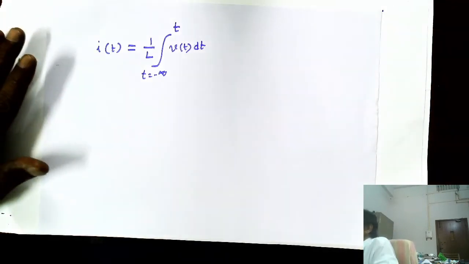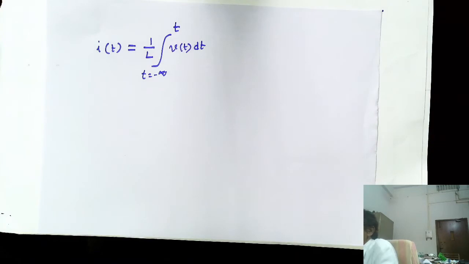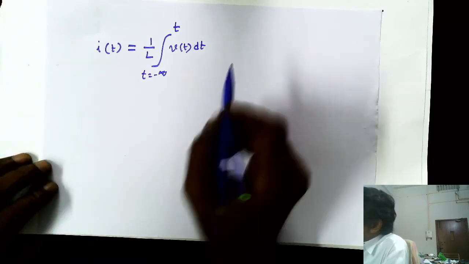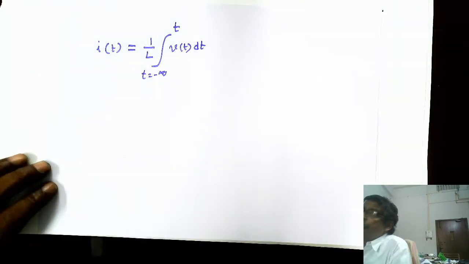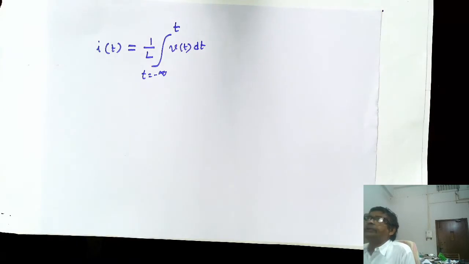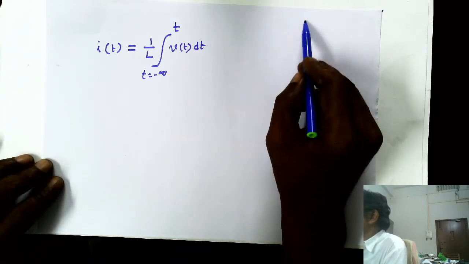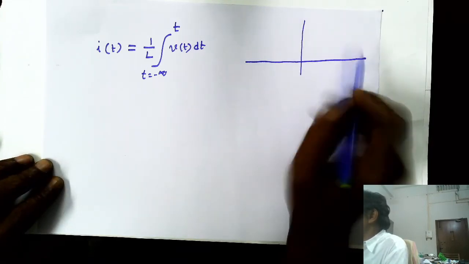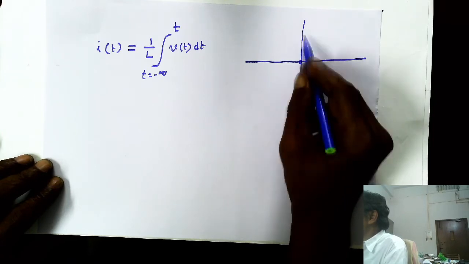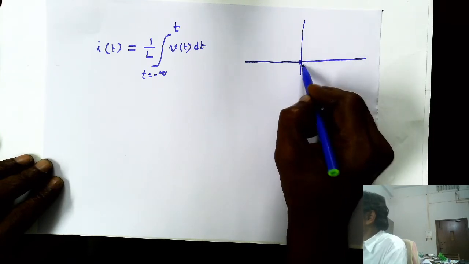Now suppose you have an inductor which is supplied, and at t equal to 0, suppose I will be doing some switching. Suppose this is my time axis, this is t equal to 0.